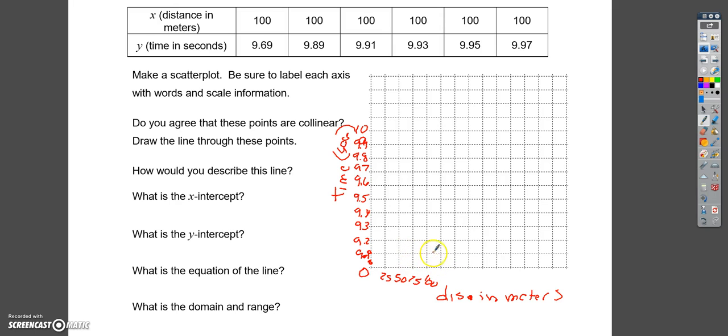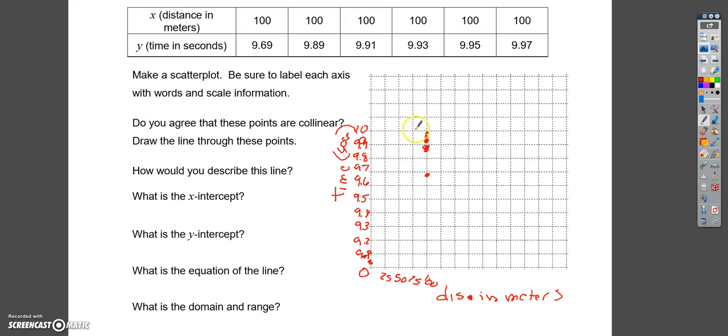So 100, 9.69 would be right here. 9.89 here. 9.91 here. 9.93, 9.95, 9.97.